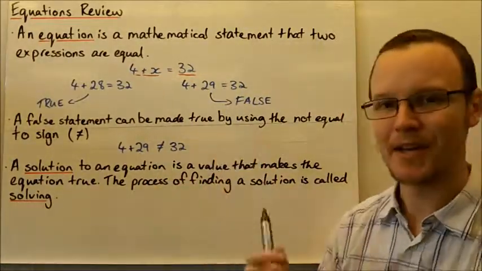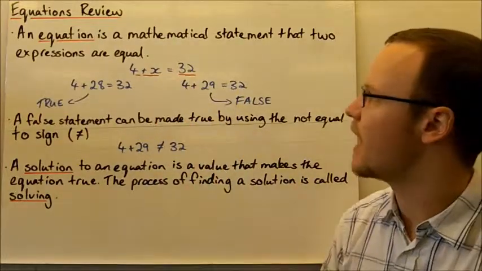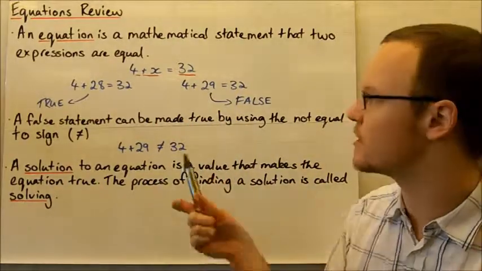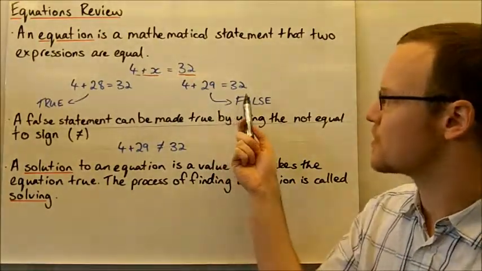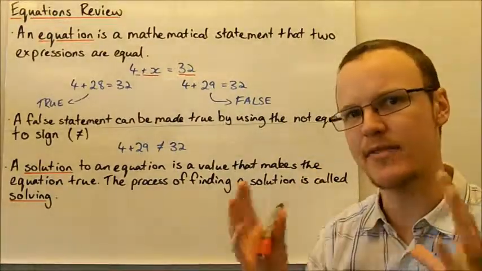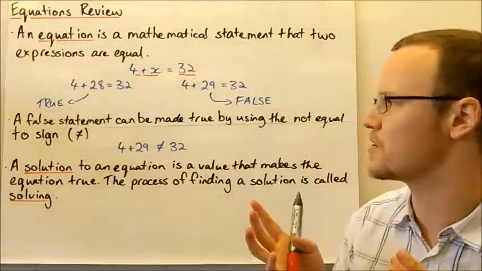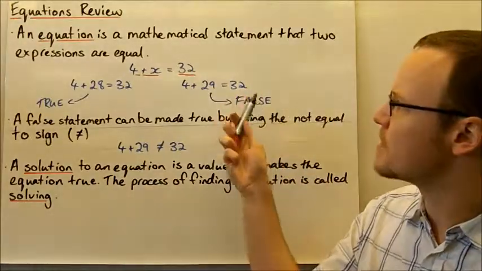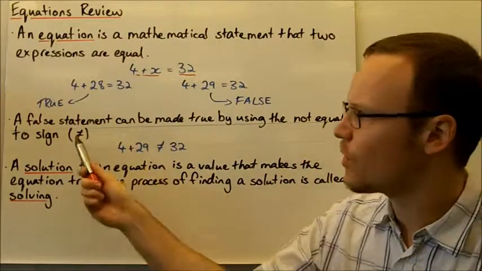But we could also make it a false statement. If we say x is 29, 4 plus 29 is actually 33, which is different to 32. It's not equal, so this is a false statement. In mathematics, we want to try and get true statements as much as possible. So we can turn this false statement into a true statement by using a not equal to sign.